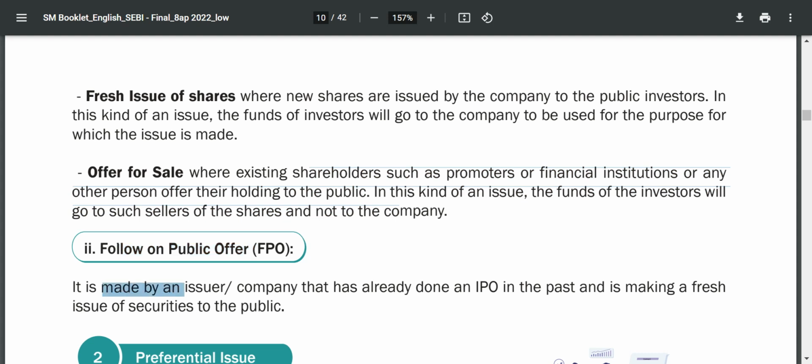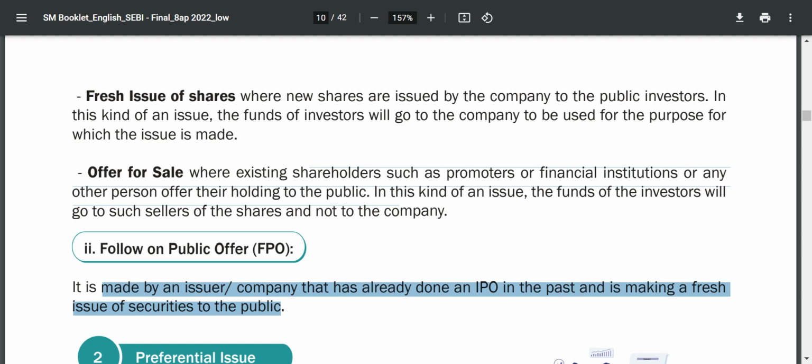It is made by an issuer company that has already done an IPO in the past and is listed on the stock exchange, and it is again making a fresh issue of securities to the public.